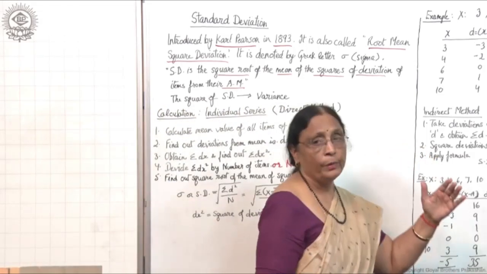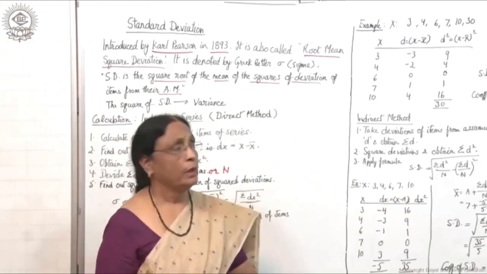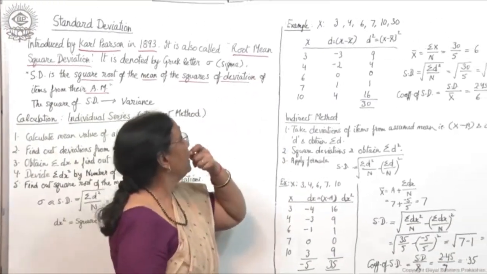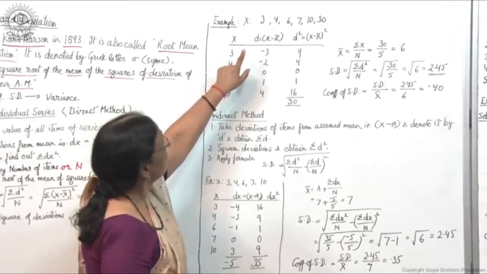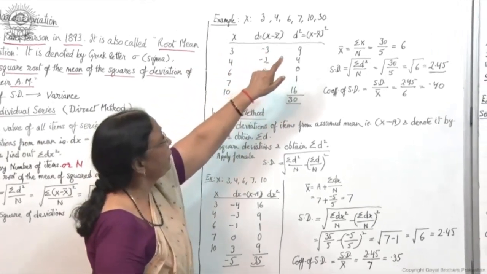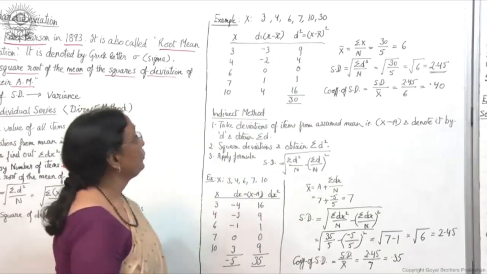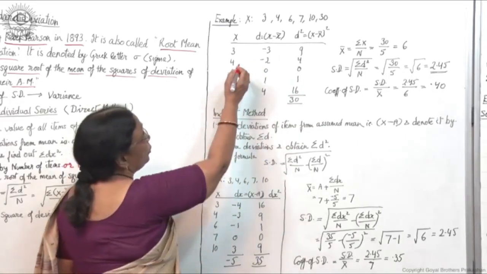Now we will take an example to make it clear to you. Example here, individual series, the x given to you is 3, 4, 6, 7, 10. What you are supposed to do?